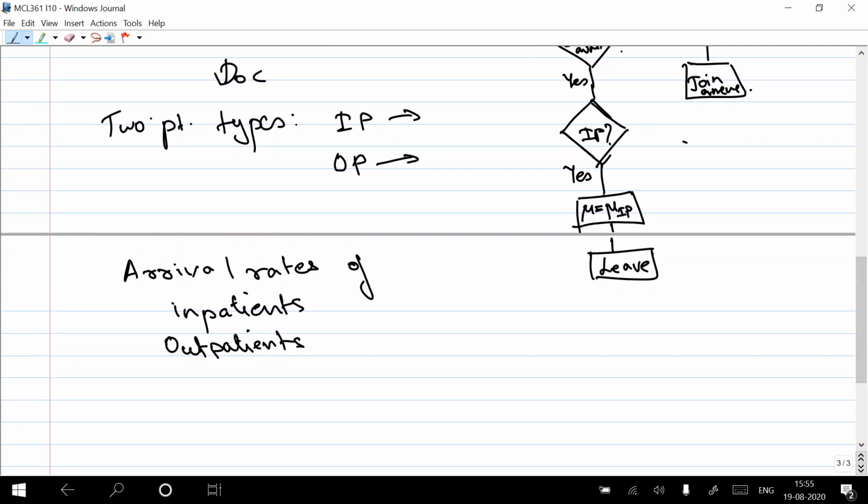Okay, so let's write down what the parameters are. Now, let me go back to, for example, the HPC example.